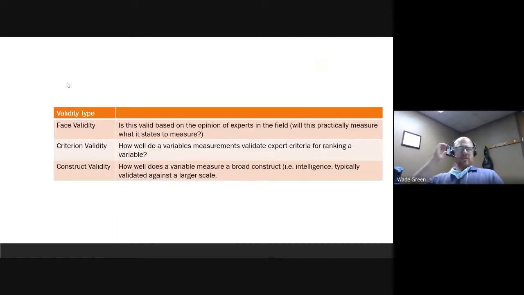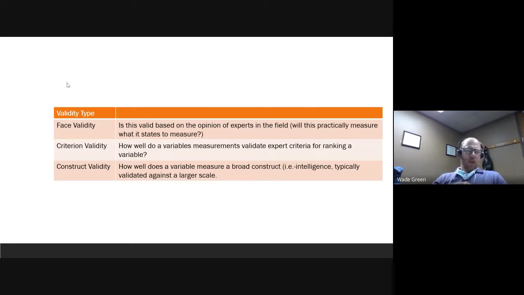So there are different types of validity that can be described or utilized, right? One of them is face validity. An example of that is, is an instrument valid based on the opinion of experts in the field? Let's say that you're creating a simulator for pilots, but in creating that simulator, you have placed shapes like triangles and circles on the screen, as opposed to an actual picture of an airplane.